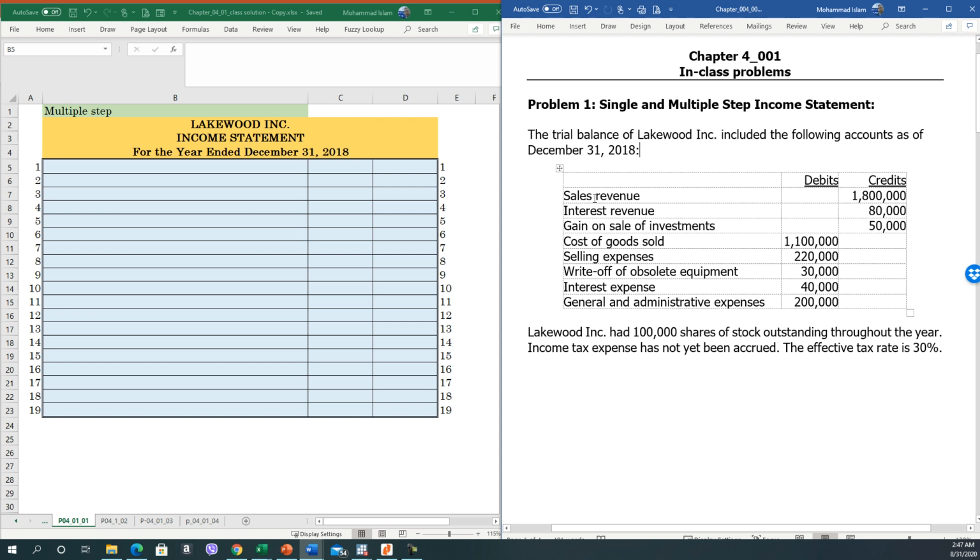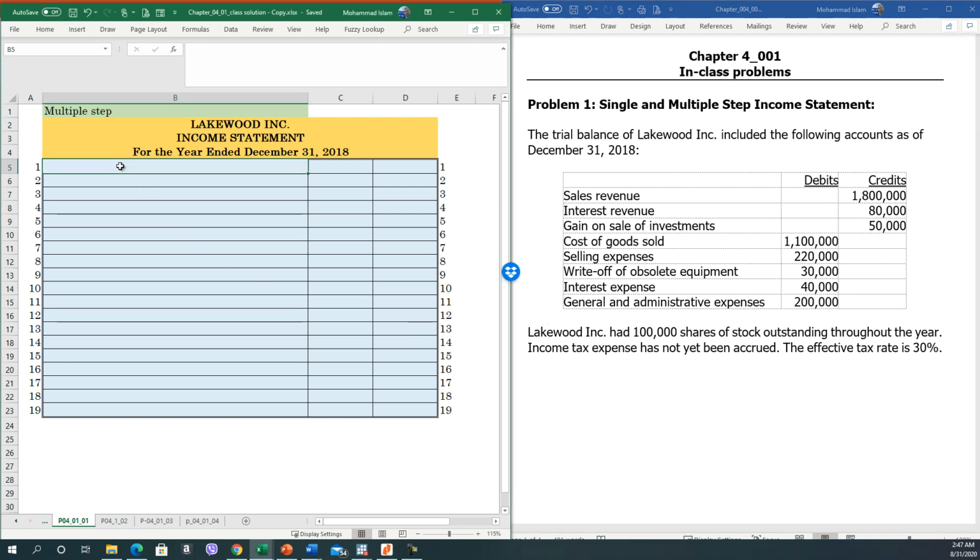We have the sales revenue, interest revenue, gain on sale of investments, cost of goods sold, selling expenses, write-off of obsolete equipment, interest expense, general and administrative expenses, and the company had 100,000 shares of stock outstanding throughout the year, and income tax expense has not yet been accrued. The effective tax rate is 30%. What we need to do is prepare the single and multiple step income statement. So let's start over here.